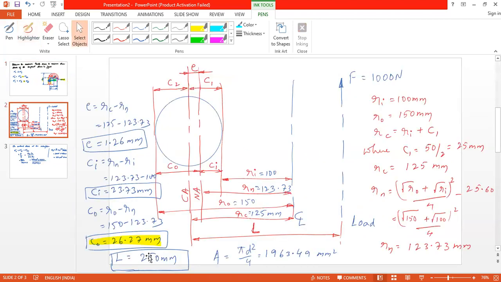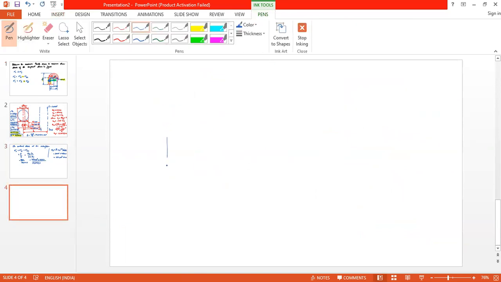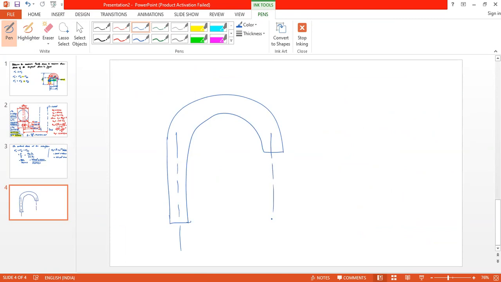Don't get confused with length 250. Because here the component is like this. Here the central axis and here the load line. And the radius of curvature is 100 mm. So if this is 100, then this is also 100, right? And this is also 100.